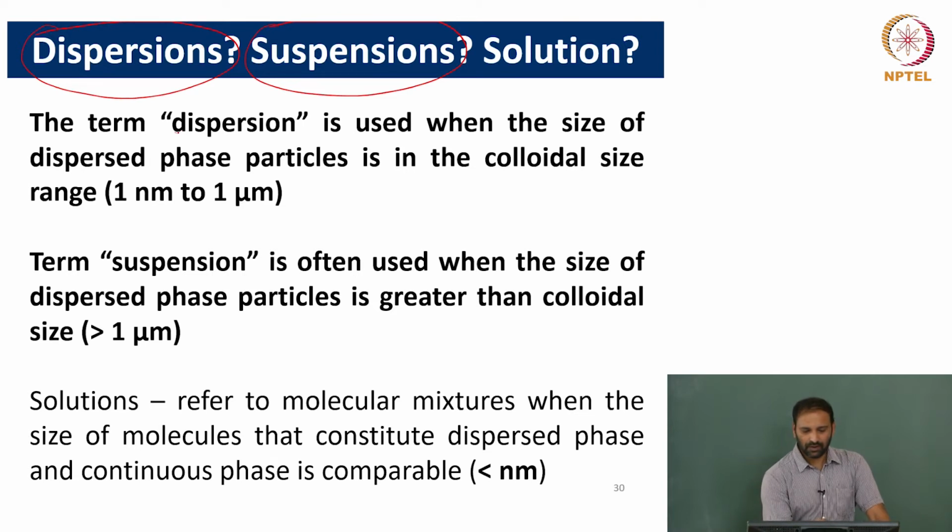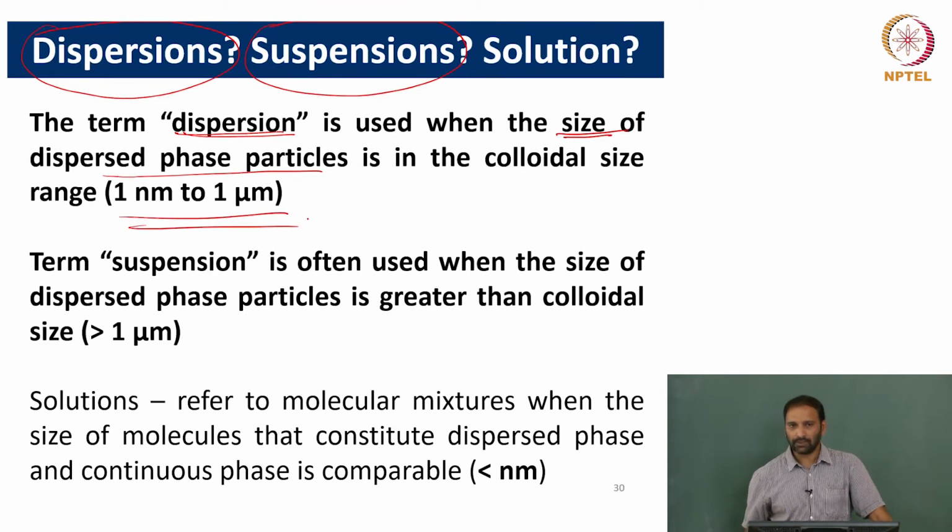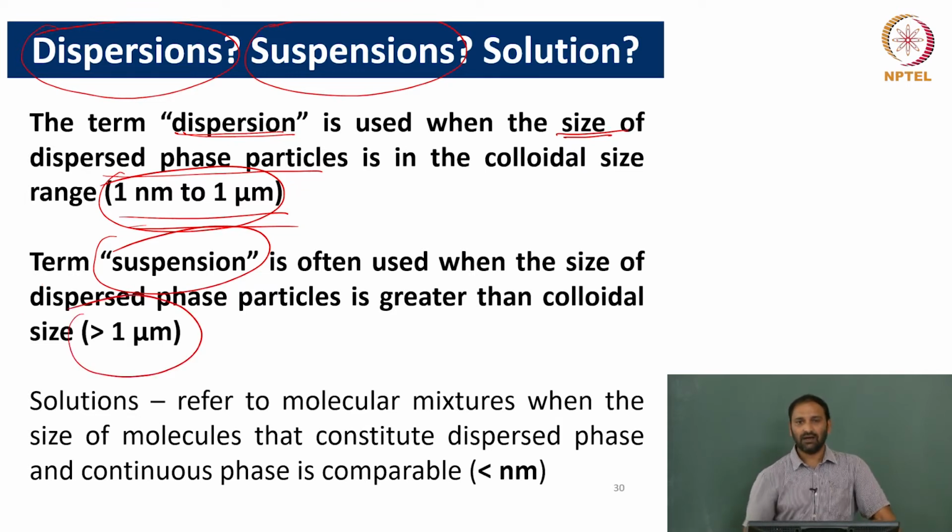Whenever people mention the term dispersion, typically the term dispersion is used when the size of the dispersed phase is in the colloidal size range, that is 1 nanometer to 1 micrometer. So whenever somebody says a colloidal dispersion, then the size range has to be in the colloidal size limit. And whenever somebody mentions a suspension, typically the size of the particles are larger than a micrometer.